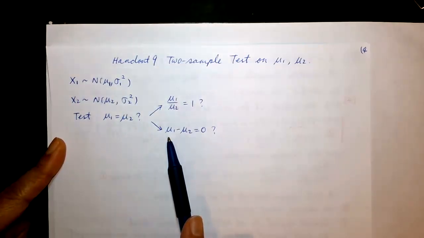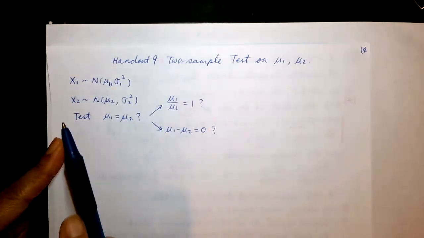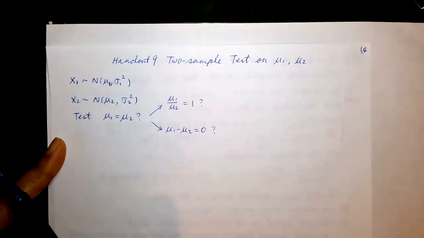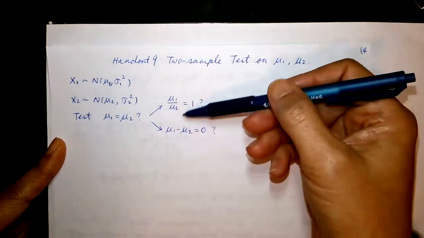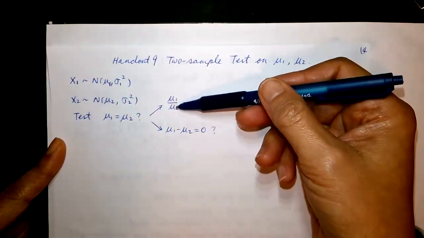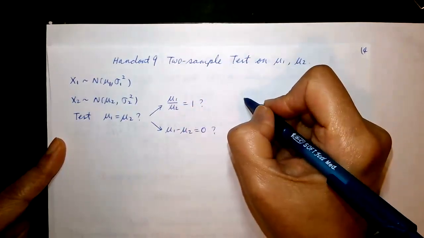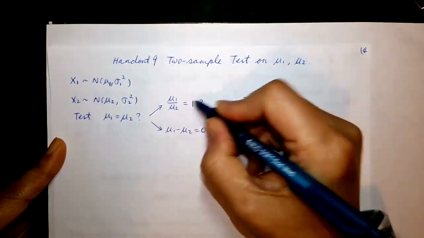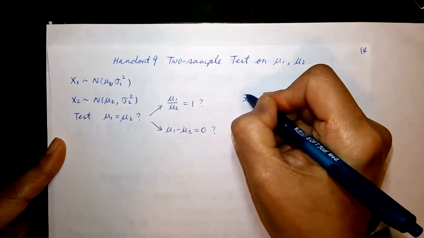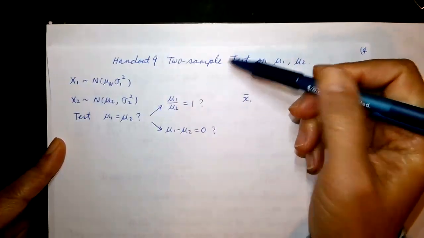Mu1, mu2 are both unknown. What gives you a good estimate for the unknowns? Sample mean gives you a good estimate for the population mean. I write, instead of population means, the matching sample means.